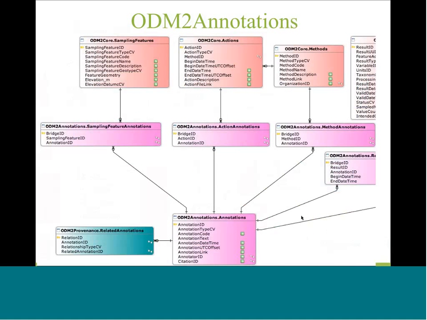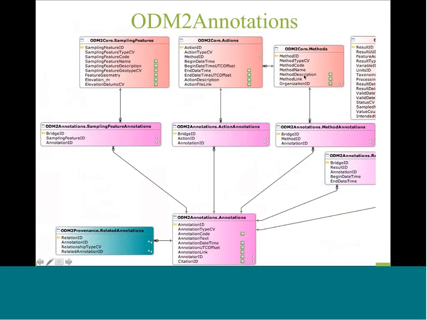Annotations is essentially jotting down notes about any record anywhere in the system. And in many cases, we do have places to put notes, right? I mean, you can have a description of the method, but really that's supposed to describe the method.